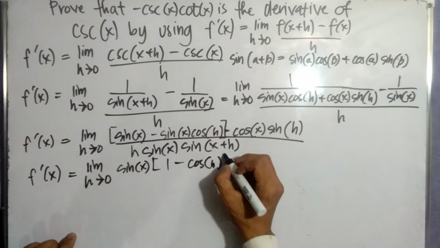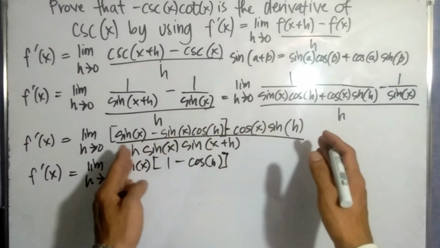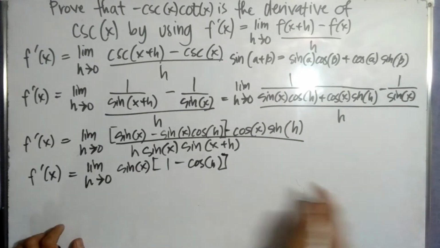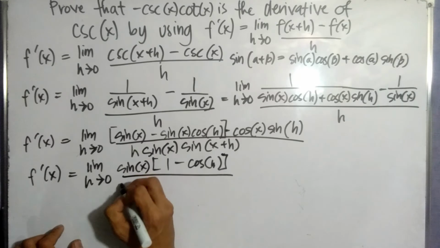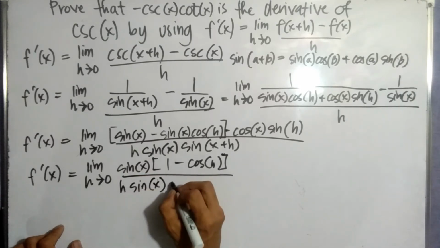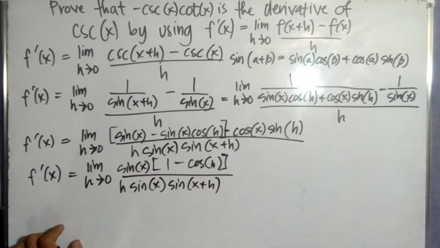Okay? So, pwede natin i-split yung fraction para ma-evaluate natin siya. Tapos, magamit natin yung mga limit identities. Okay? All over that is h times sine x times sine x plus h.